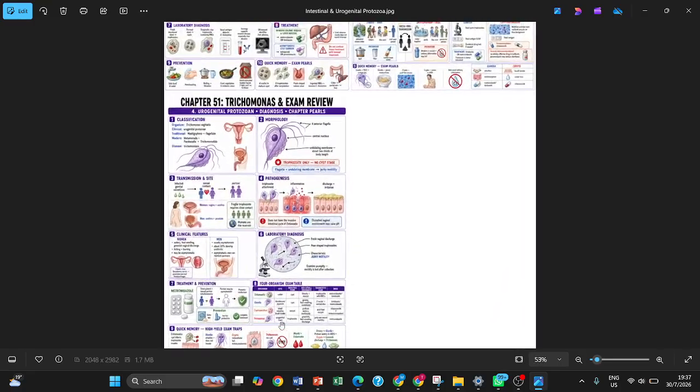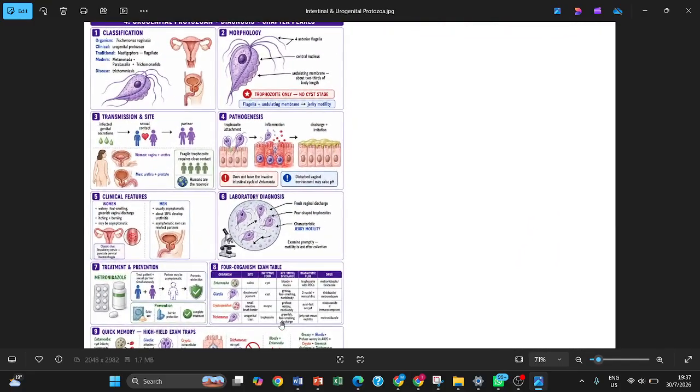And then I alluded to the clinical features whereby women also have itching and burning and the discharge. And for the treatment, you're giving them metronidazole. Like I said, Entamoeba, Giardia, and Trichomonas, you give metronidazole.